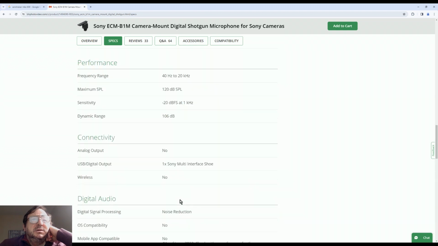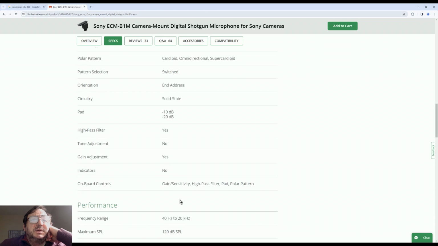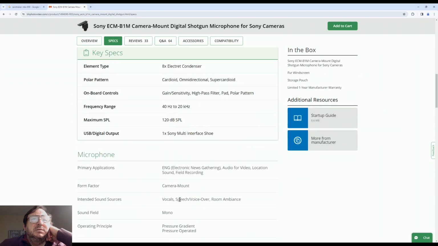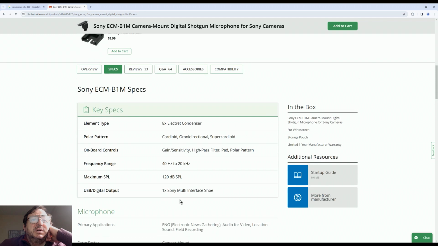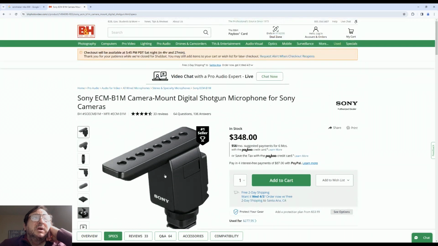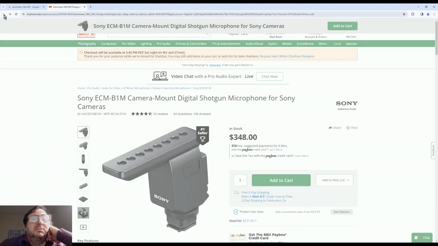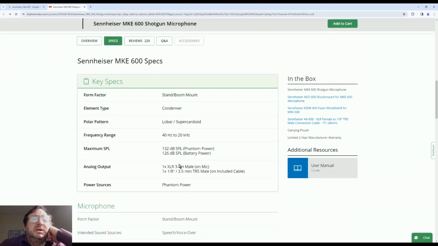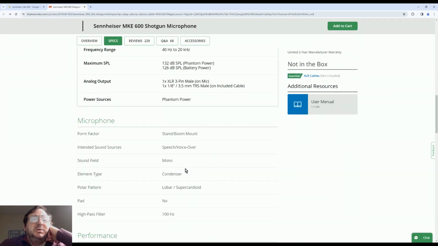I don't see anything. But anyway, you can search more. So if your camera records 24 bit, you look for 24. 16 bit would be a kind of cheaper microphone.